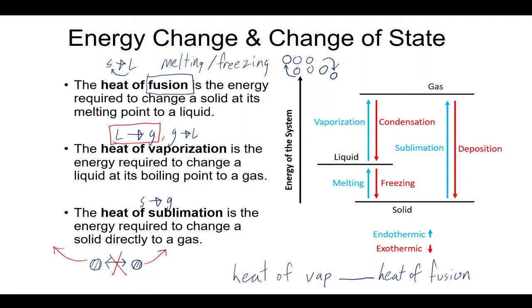into this liquid phase. But think about what you have to do for the liquid to the gas phase. Here, you still have to think about these molecules being close to one another and touching one another, right? And yes, maybe it's a bit more sloshy and things are a little bit chaotic, but what you have to do now is completely separate these molecules from one another and move this water molecule up into the gas phase.